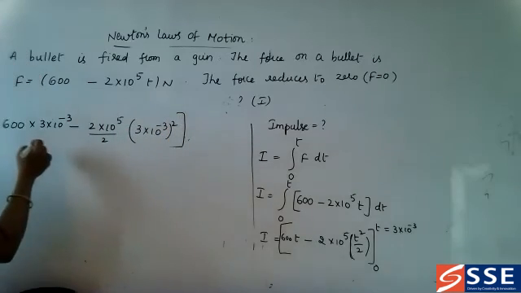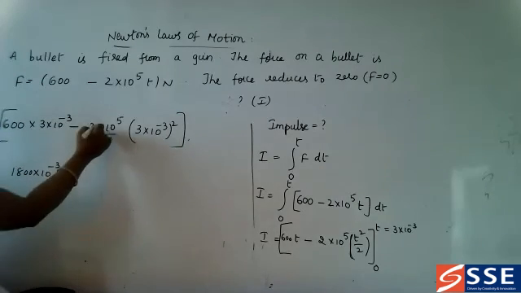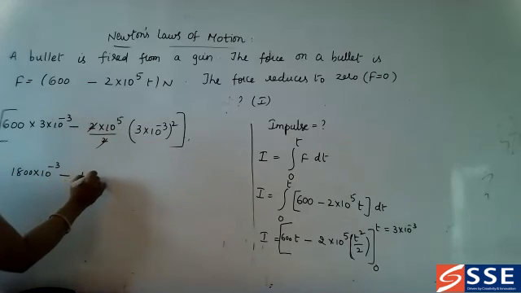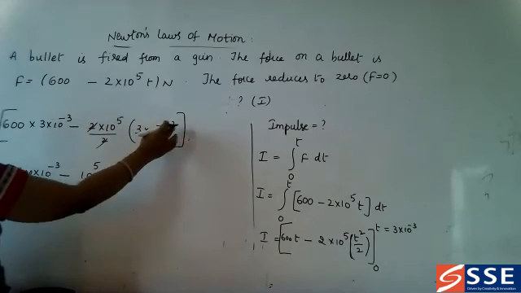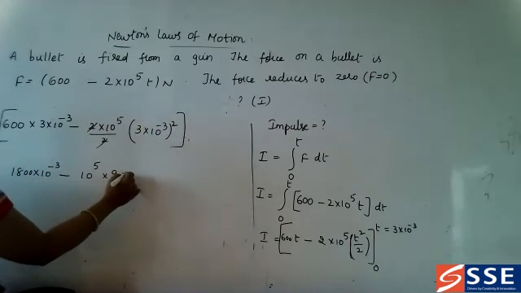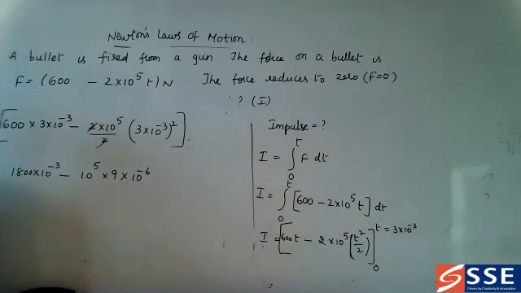So I goes to 1800 into 10 power minus 3 minus 2 you can cancel here, 10 power 5 into 3 square. 3 square means 9 into 10 power minus 6. So this is the value.